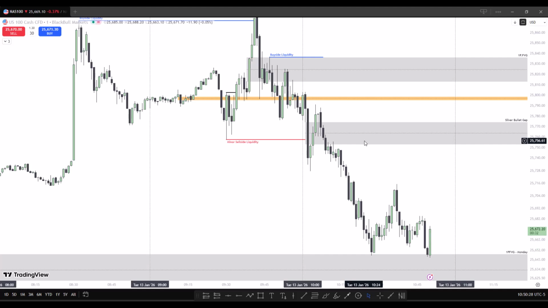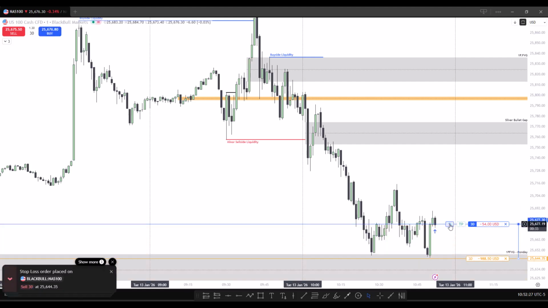In the morning, what we had was an initial run during the CPI up, and then at 9:30 we revisited that high created during the CPI, and then price started to drop lower.